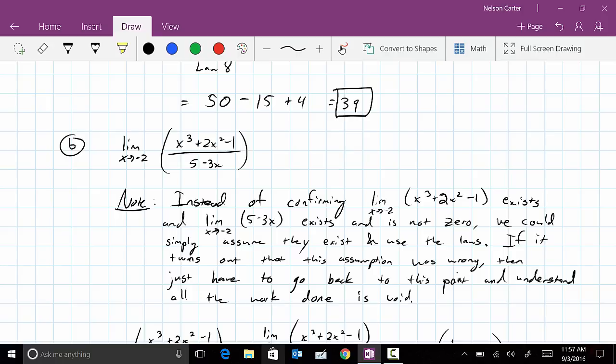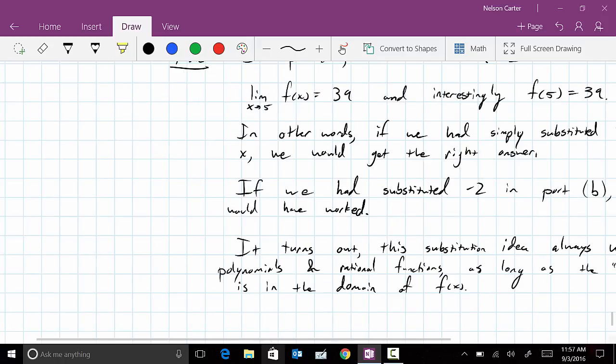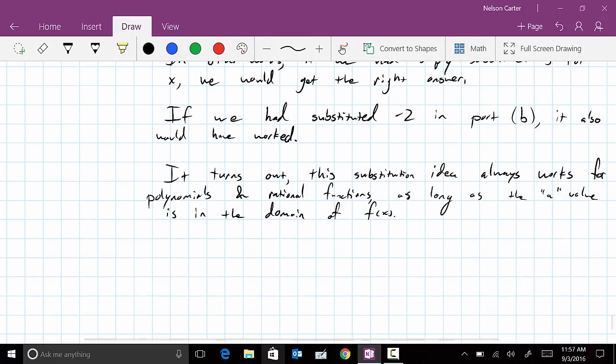And so you could not have used this just plug it in business, because otherwise you'd get like 7 divided by 0, and then it's like, well, what is that? It's not 0, it doesn't have an answer, so you'd have to do something else. And we'll talk about those special cases in a moment.